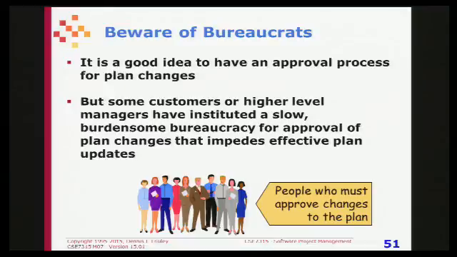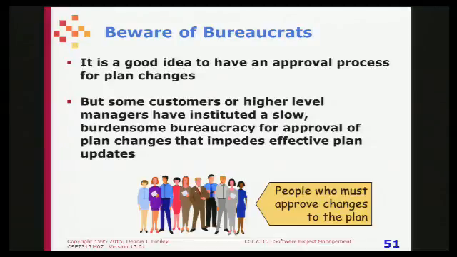Beware of bureaucrats. If you are in an organization where somebody has to approve changes to your plan, then think really carefully about what you put in your plan. Because if there's something you think you're going to want to change, and if a million bureaucrats have to approve it before you change it, that's going to make it hard to make the change, right?